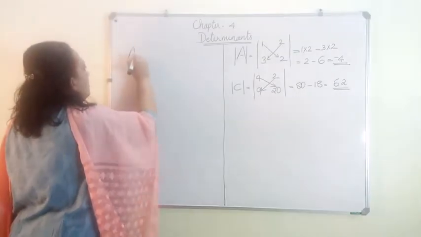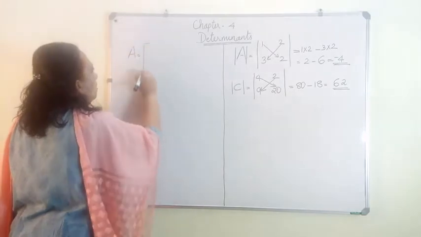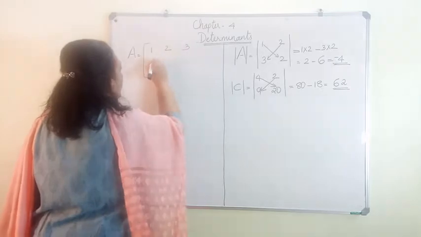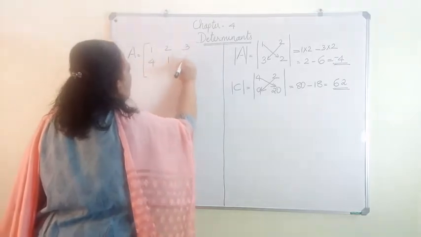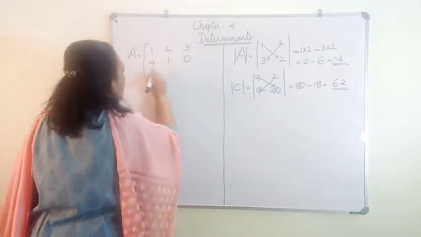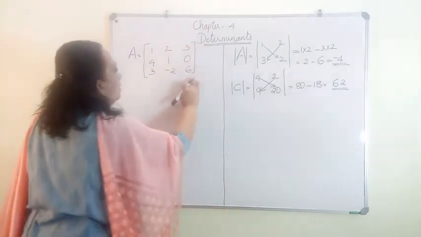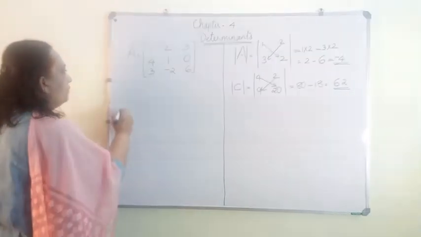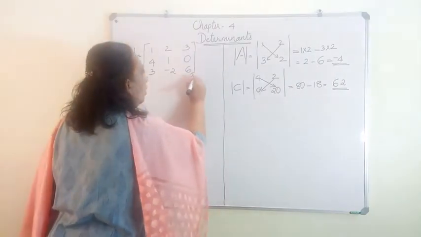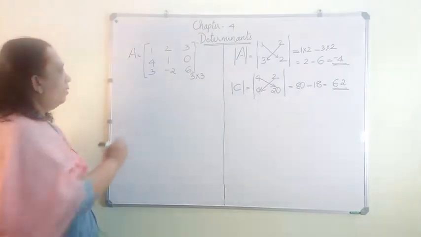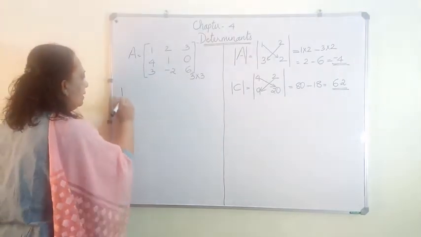A matrix is equal to 1, 2, 3, 4, 1, 0, 3, minus 2, 6. Now, I am going to find the value of this determinant A, and all of you know this is a matrix of order 3 by 3. What is the value of this determinant?